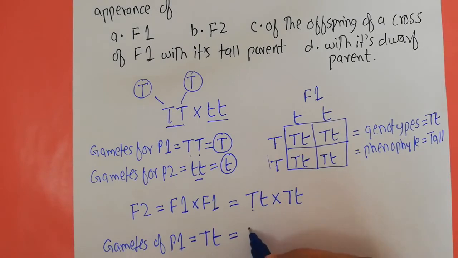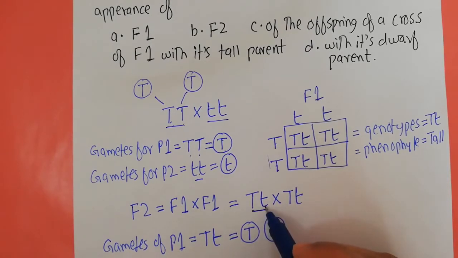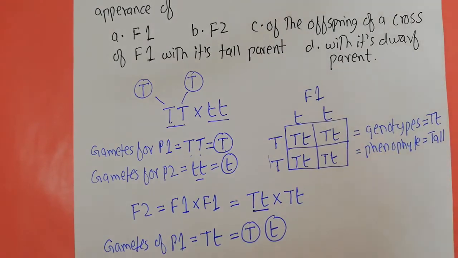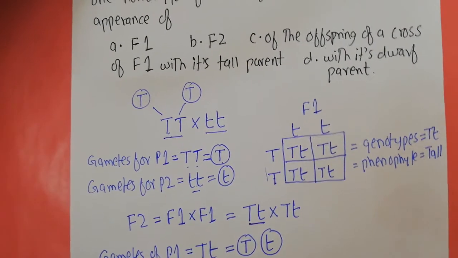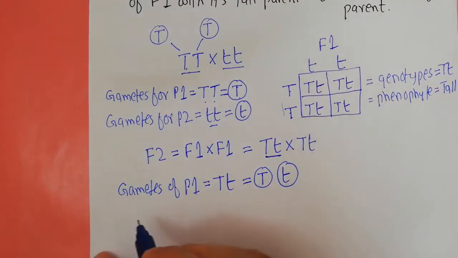One gamete will have the capital T allele, and the other gamete will have the small t allele, because during gamete formation, the members of this pair separate from each other, so one gamete will have the capital T allele and the other will have the small t allele. The second parent, parent number 2, is identical to parent number 1.